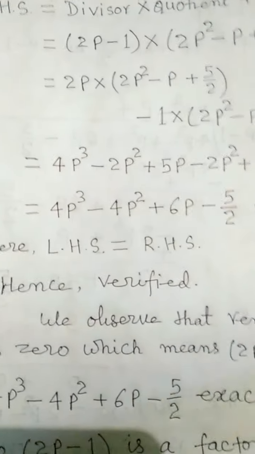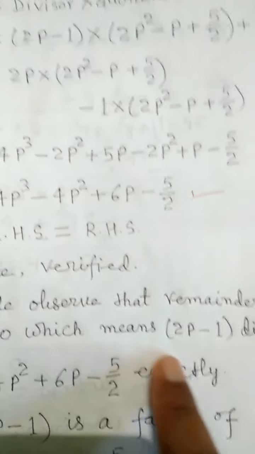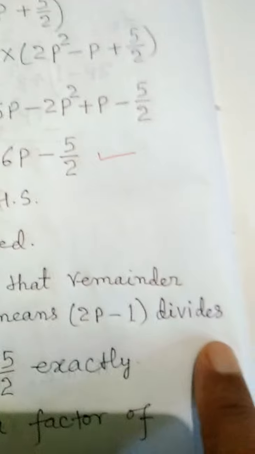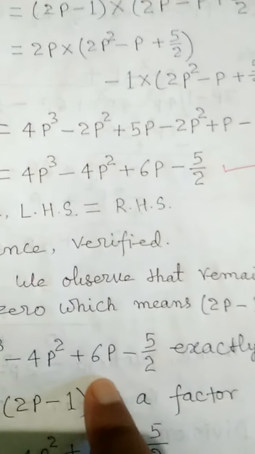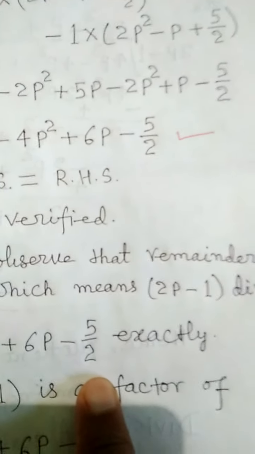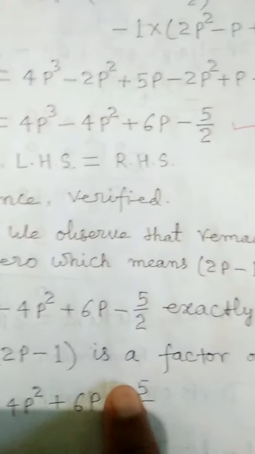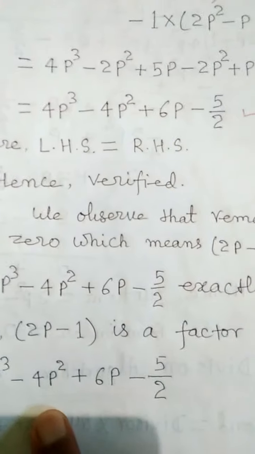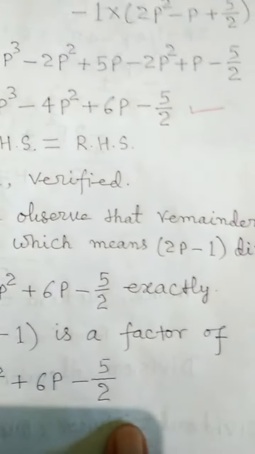We observe that the remainder is 0, which means 2p minus 1 divides 4p cube minus 4p square plus 6p minus 5 by 2 exactly. So 2p minus 1 is a factor of 4p cube minus 4p square plus 6p minus 5 by 2.